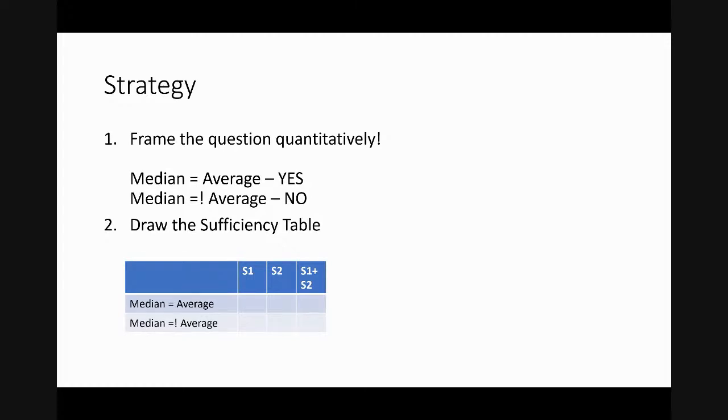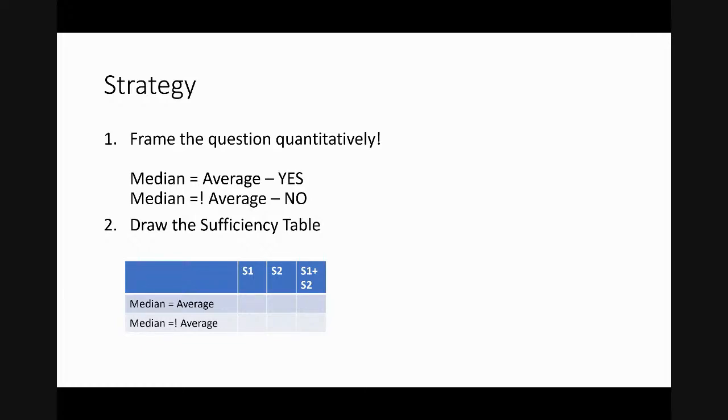So let me just quickly tell you what I would do with this table, right? My first step would be to see where my statement 1 is going. So I would try to prove a case for statement 1. Can I use the information in statement 1 to prove that it is sufficient?